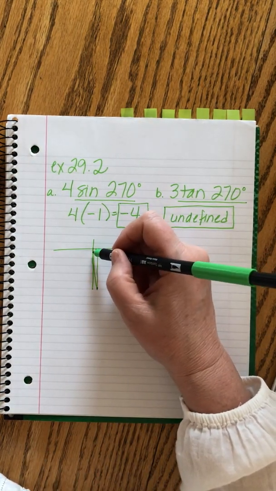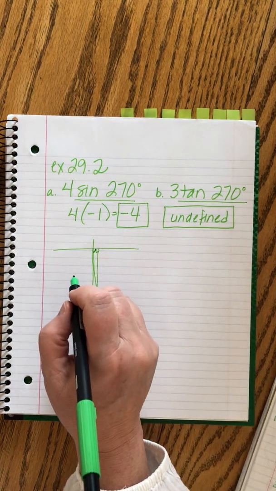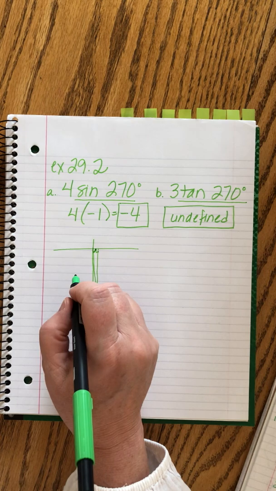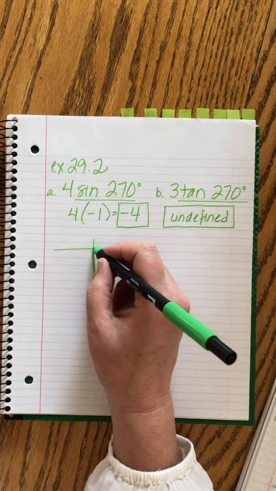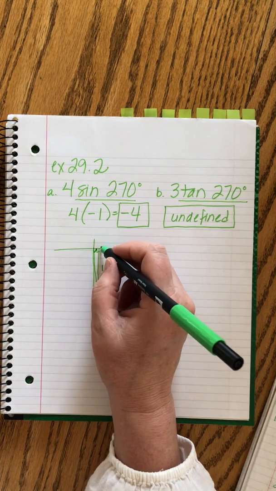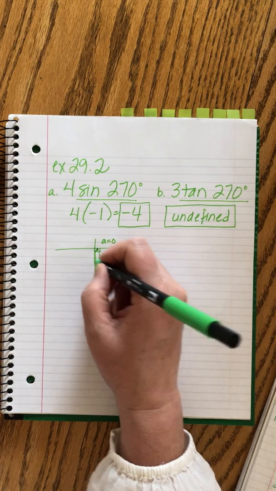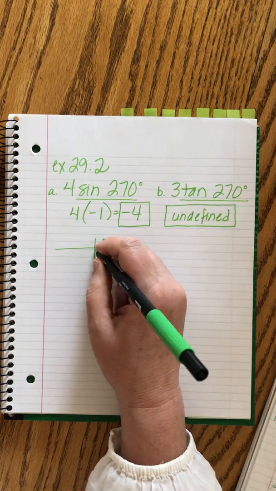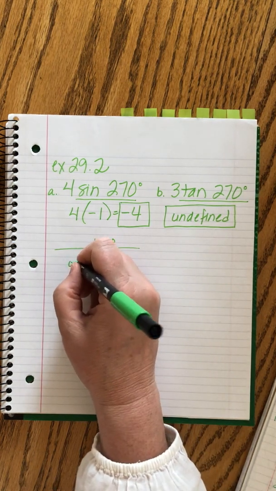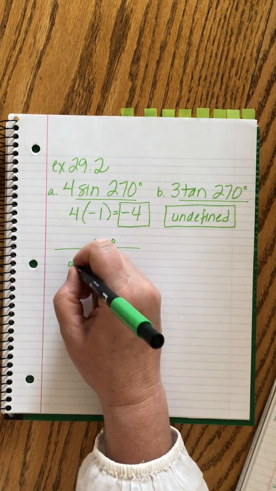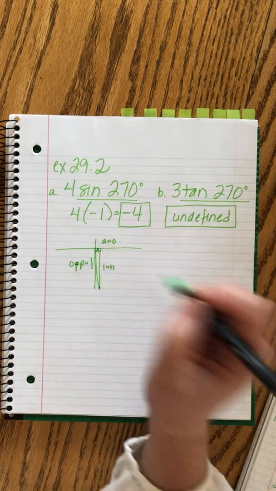And so if that's our angle, we know our hypotenuse is 1. Our adjacent side is 0. I forgot to write hypotenuse. And our opposite side, right? Opposite is always associated with the y. Our opposite side is also very close. I'm going to put OPP so it doesn't look like a 0. Our opposite side is also 1.